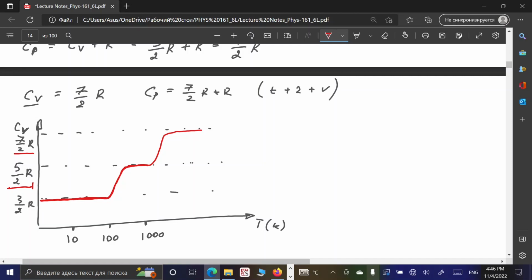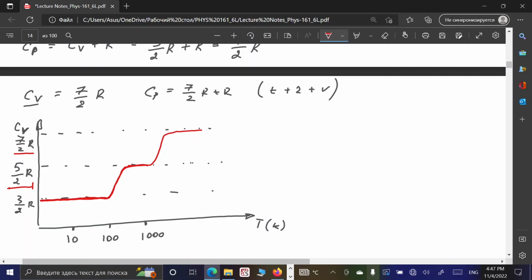That means the change of temperature is the same for all of these processes, and the change of internal energy is obviously also the same. So we introduced the concept of specific molar heat capacitance of ideal gas at constant pressure and constant volume.